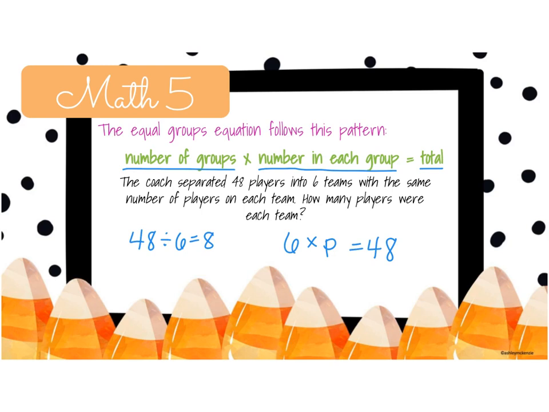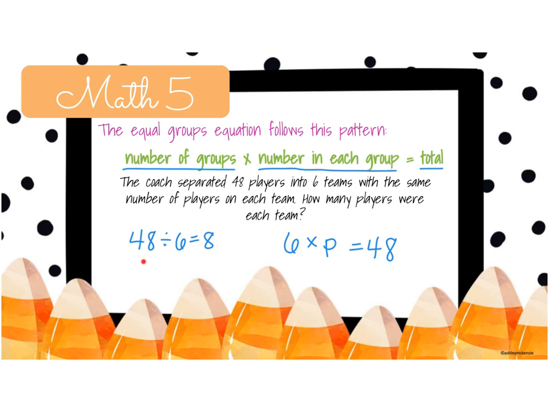Okay, so very good. This is what he had on the board right here. He had this equation. He just used a D, which is perfectly fine. It's a variable. It doesn't matter what variable you use as long as you realize it stands for the number of players. So when you write the equation, because it is following this pattern, which involves multiplication, you've got to make sure that you don't do a division problem.